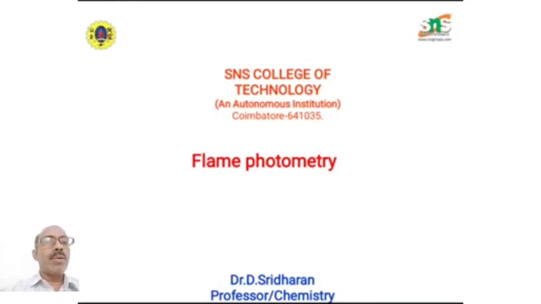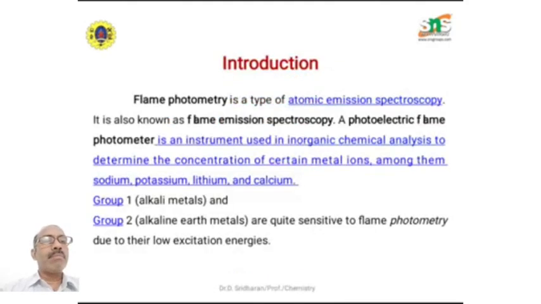In this session, we are going to discuss flame photometry and its applications. Introduction to flame photometry. Flame photometry is a type of atomic emission spectroscopy, also known as flame emission spectroscopy.